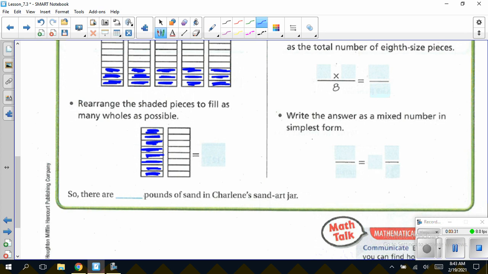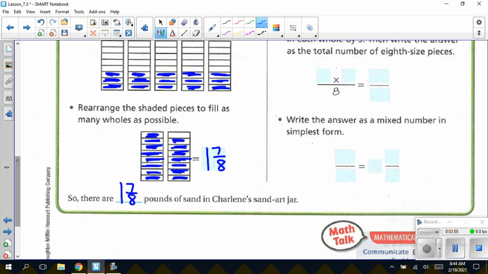And then I know 15 minus 8 is 7, so I need to shade in an additional 7 sections for the second rectangle. So I see that I have 1 full bag, and then I have 7/8 of another bag. So I know just by doing the model, there are 1 7/8 pounds of sand in Charlene's sand art jar.